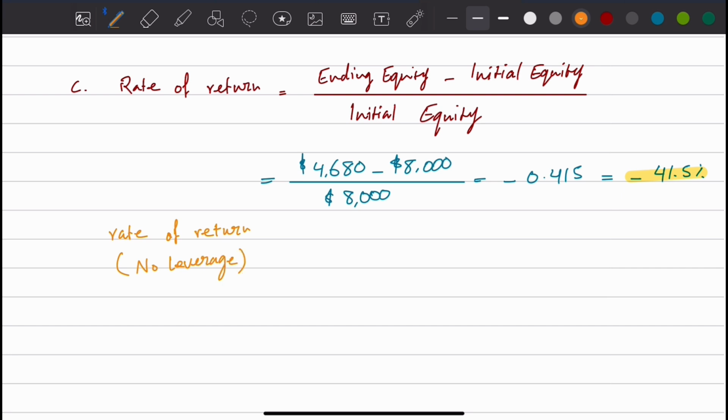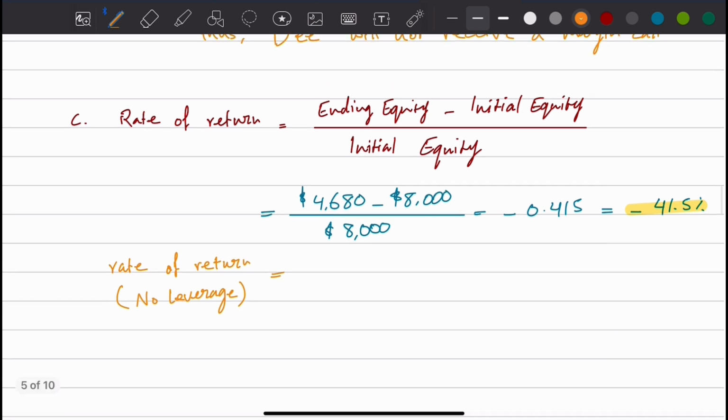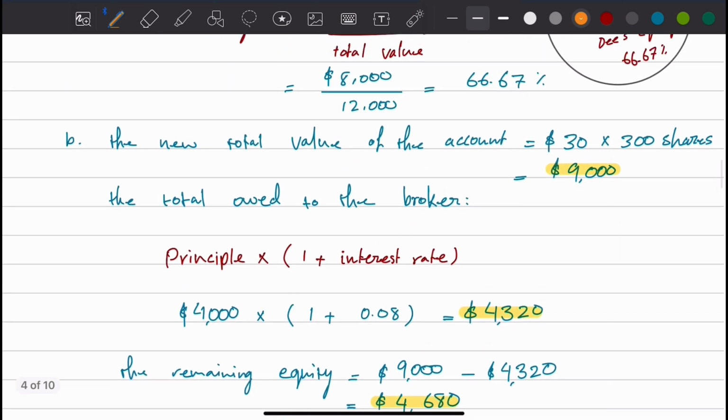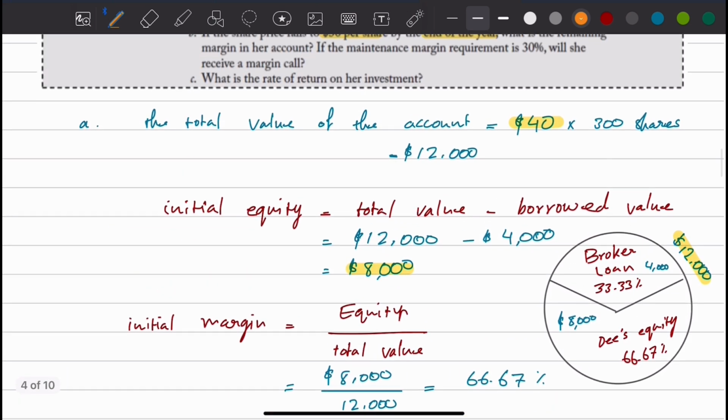Okay. This is going to equal the ending equity, which this time is going to be represented by the total value, the ending total value of the account, which was 8,000. Is it, or 9,000? Sorry.